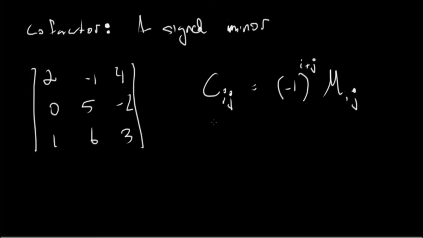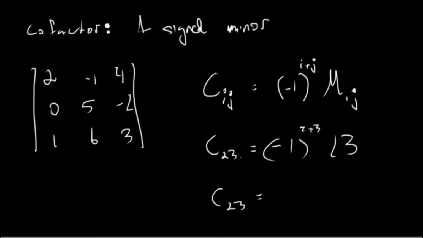So what does that become for, let's say, C23, the one we had before? That was 13, but that's going to be -1 to the 2 plus 3. So the cofactor, the signed minor for this spot, is going to be -1 to the 5th times 13, which is -13.